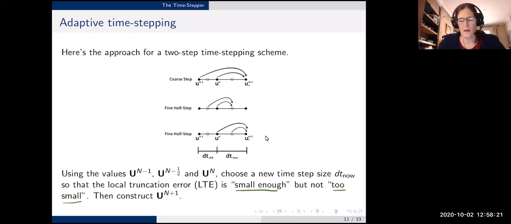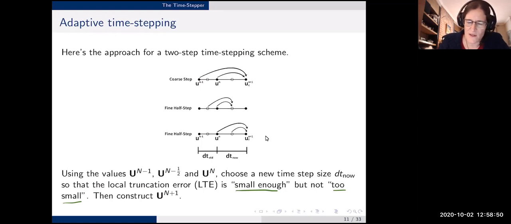You're trying to figure out what time step size makes the new solution accurate, but not too accurate. You want the time step small enough that you're confident you're accurate, but not so small that you're overly accurate and spending too much time running your program.